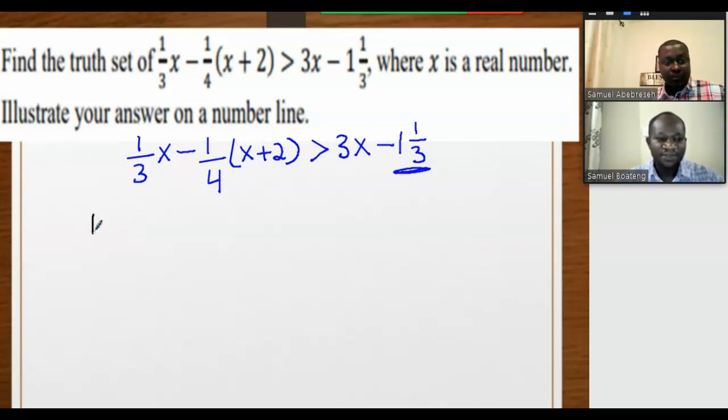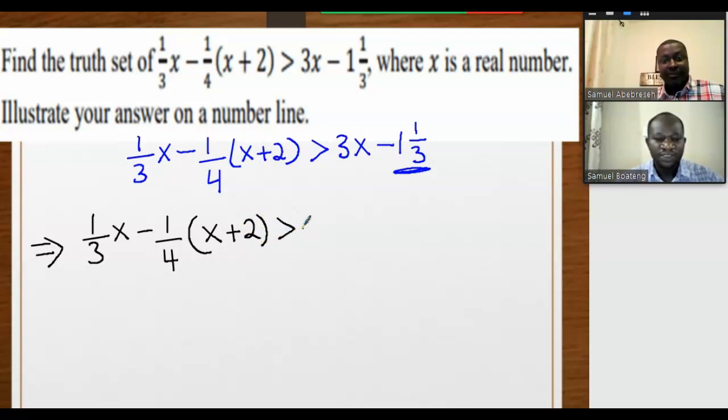So 1/3, this implies that 1/3 x minus 1/4 into bracket x plus 2 greater than 3x minus.